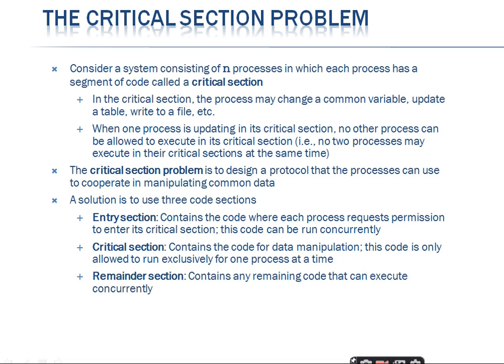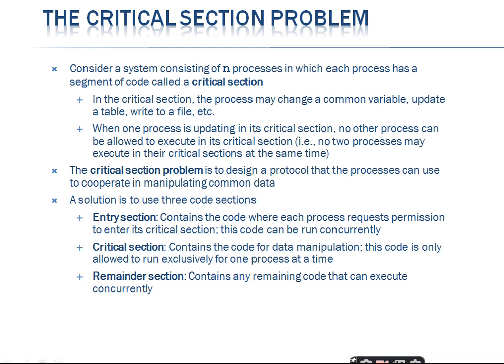Now n can take any integer value within limit, that is, it does not tend to infinity. So let us assume that you are having 5 processes, for instance. Each of these processes has a segment of code called a critical section.